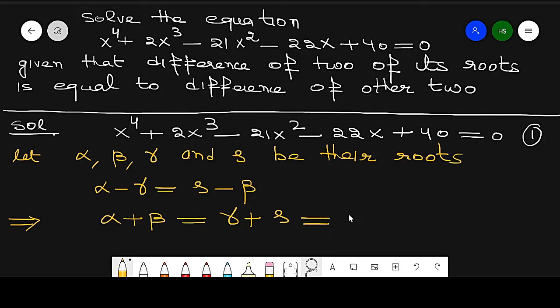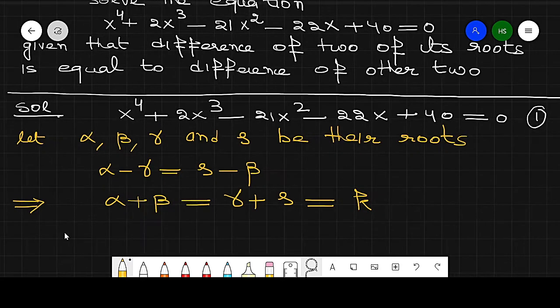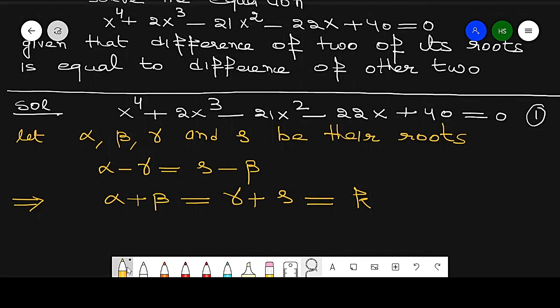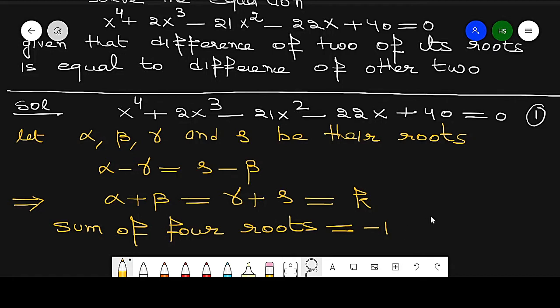Suppose this is treated as constant k. Now by using Vieta's lemma, the sum of four roots is equal to minus the coefficient of x cube over the coefficient of x raised to power 4. So this is 1, so the total is minus 2.